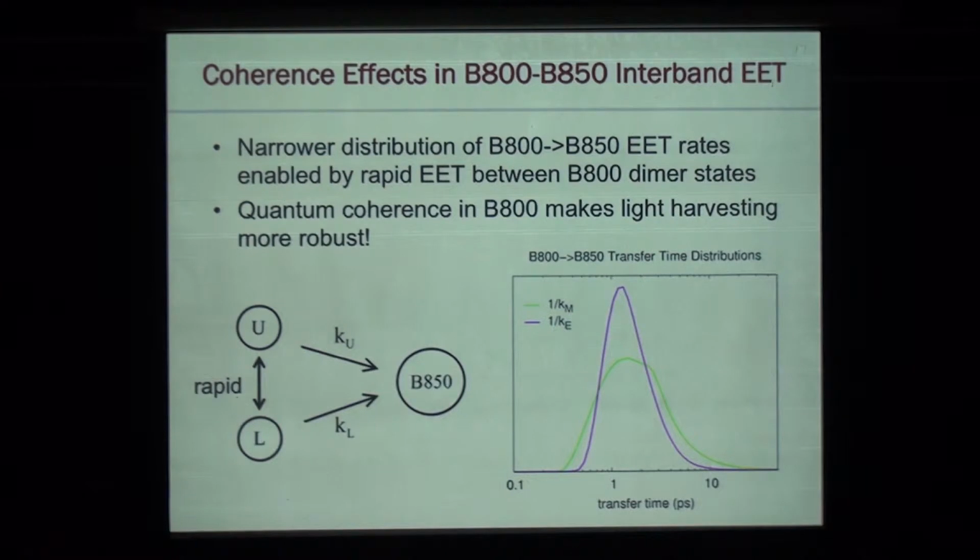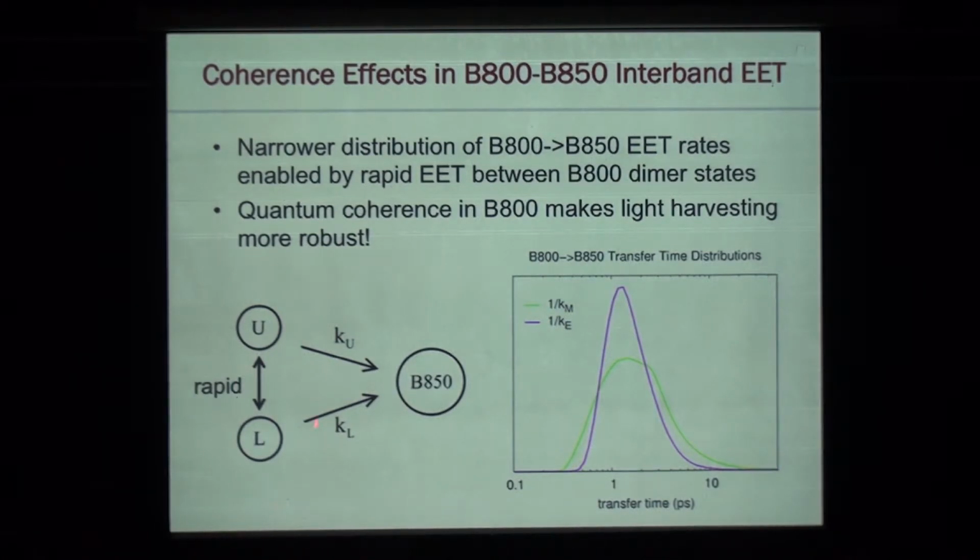If you consider this excitation delocalized on 2 chlorophylls, you have 2 states with very rapid energy conversion between them. So you have an upper energy level and a lower energy level. Either the upper or the lower energy level can transfer energy to BA50, but one of them will have a larger or faster energy transfer rate.